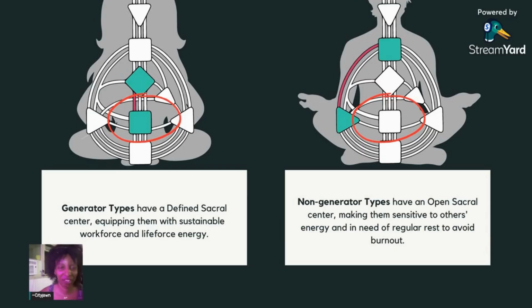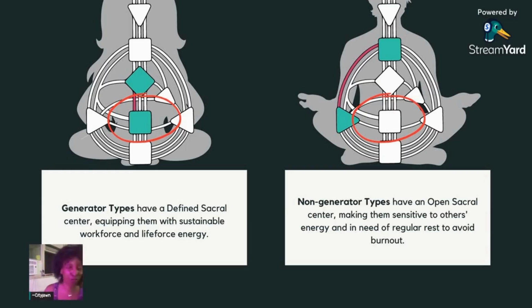So generator types are different. They have that energy sustainably to be able to work. I'm not saying that they don't need rest. They do need rest, but they're more suited for the traditional 9 to 5 work schedule, and now it's more than 9 to 5.